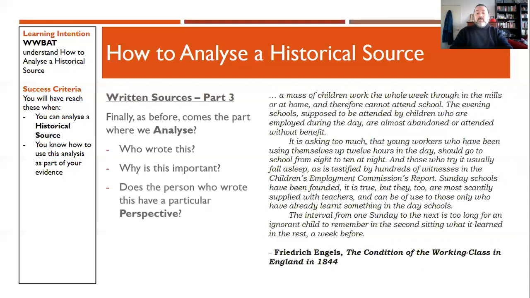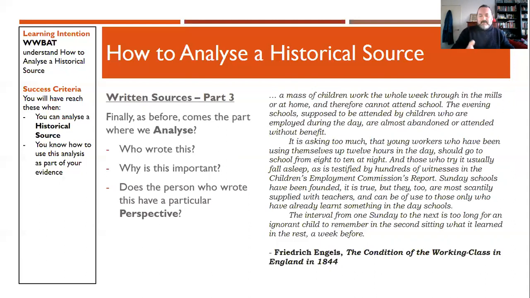Does the person who wrote this have a particular perspective? Well, in the case of Friedrich Engels, yes, he was somebody who was actually a factory owner, but he was also somebody who cared for the conditions of his workers and was very much a reformer when it comes to the industrial thing.